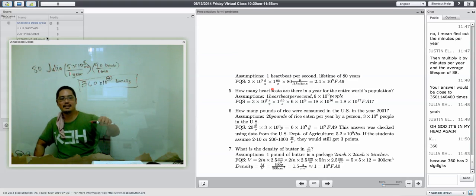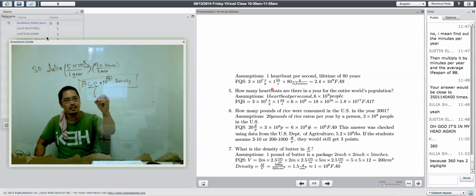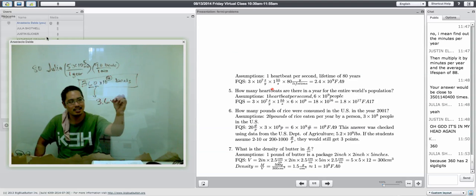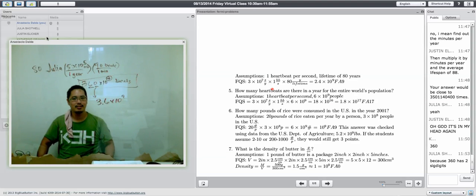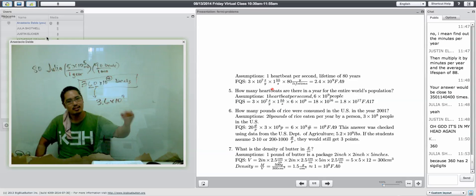Yes, exactly. Julia, what I didn't do was convert this into scientific notation. If I converted that into scientific notation, these 2 extra places would count over there. So it would be 3.6 times 10 to the 9th power. And therefore, the Fermi answer is 9, because that's the exponent.